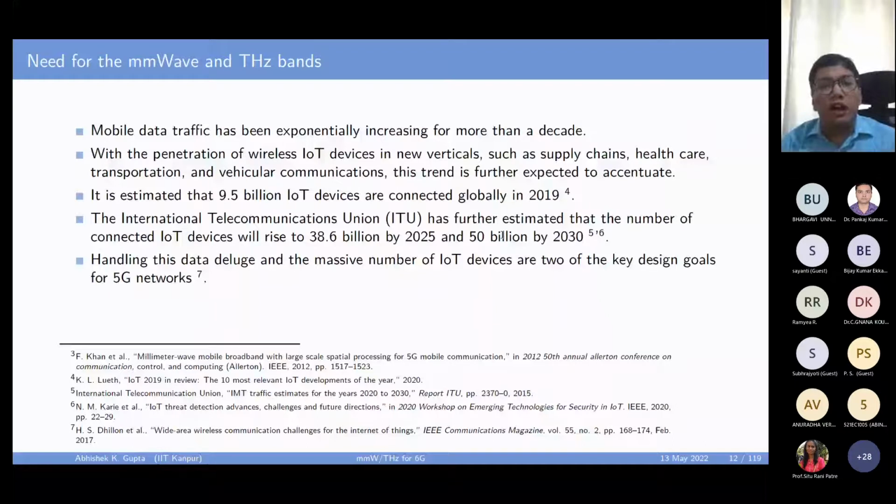There are some numbers here which show how much it has increased and how it is going to increase in the near future. And to be able to handle this data demand and the massive number of these small devices was one of the key design goals of 5G networks.